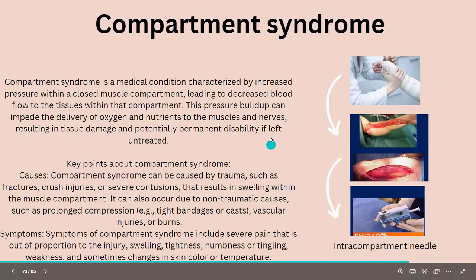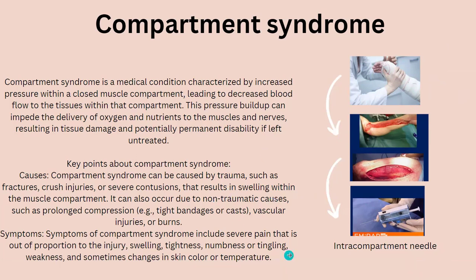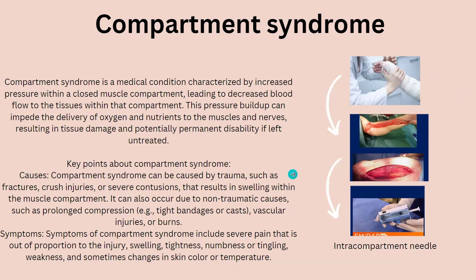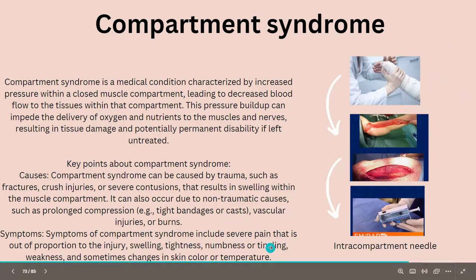Now, some of the symptoms of compartment syndrome are severe pain, since the nerves are getting compressed by the high pressure buildup, swelling, tightness, numbness, or tingling. The numbness and tingling are all symptoms of nerve compression due to the high pressure buildup.